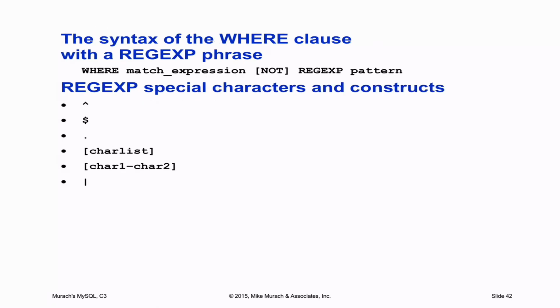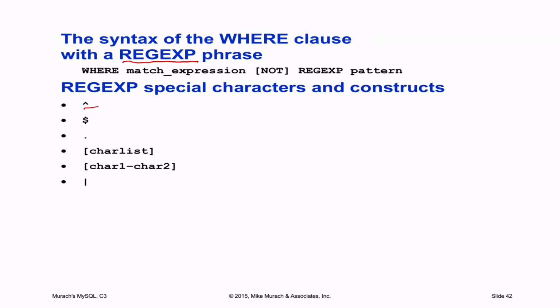Now it brings us up into regular expressions, or regex, and we're not going to use regex too much, but it's a more powerful way to fine-tune and surgically mine data. And there are special characters that are used in here.